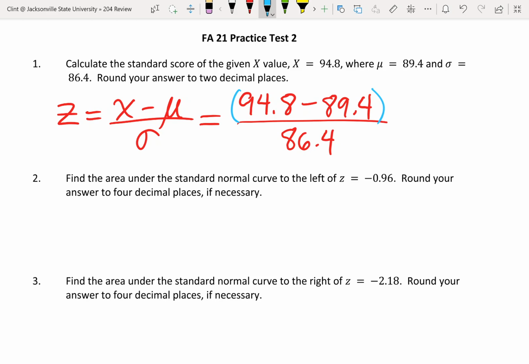It's round to 2 decimal places, so I got 0.0625, which will round to 0.06 on that one. Questions on that one? Any calculator trouble?